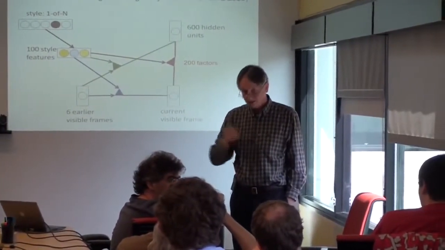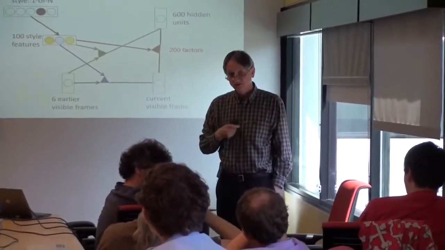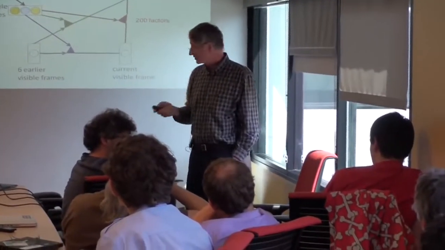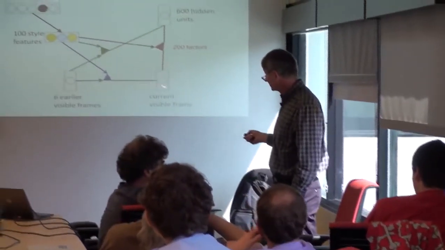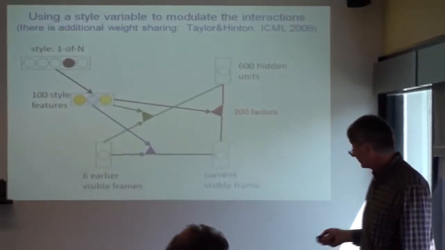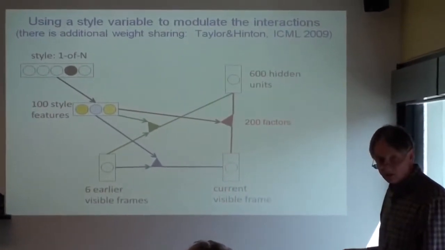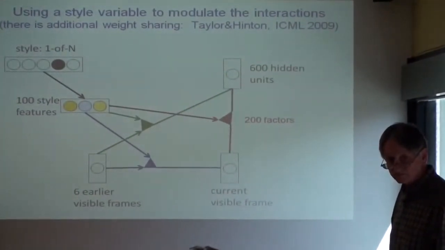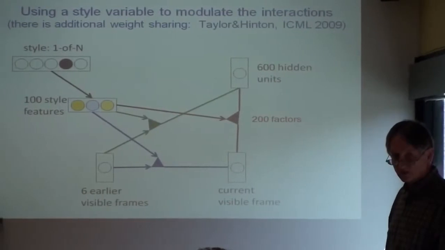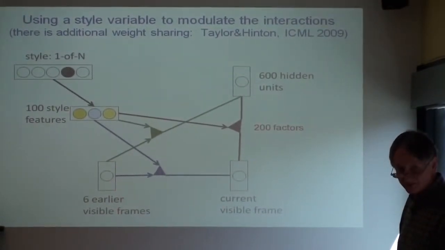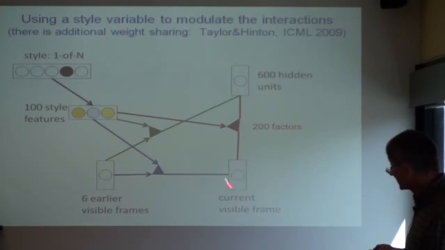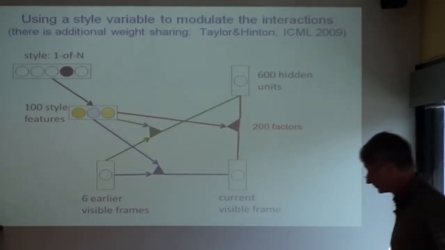It just skipped all the way. In other words, there are direct connections from all 6 previous frames to the current frame, for determining the current frame. Well, there were when you were computing what the 5th frame was. But when we're computing this frame, we have direct connections from there.